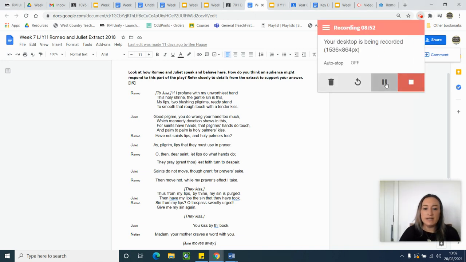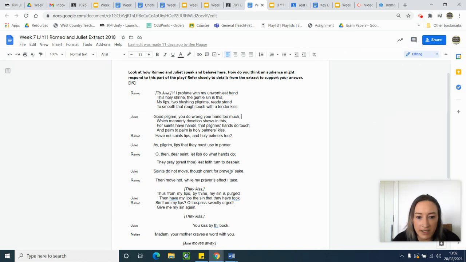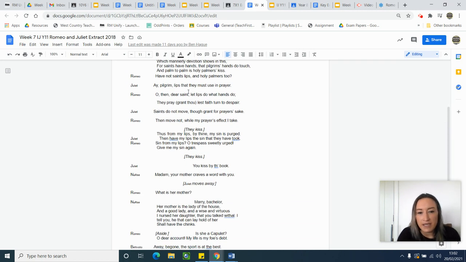So then when she says, "Saints do not move, though grant for prayers' sake," a bit further down here, she's basically saying that she will stay still while he kisses her, and then that can purge his sin. And so all of this bit here is him kind of convincing her to let him kiss her, and she's kind of being a bit bashful about it.